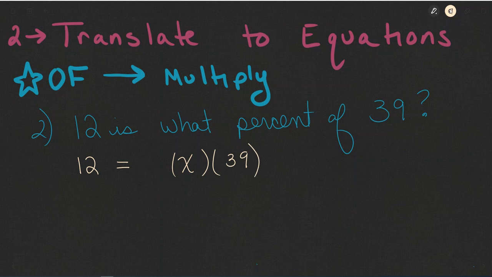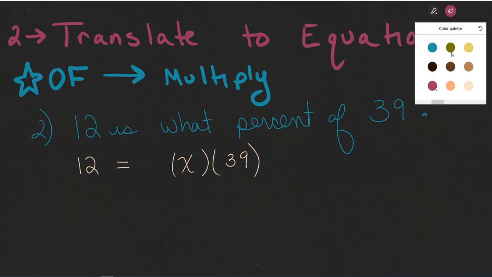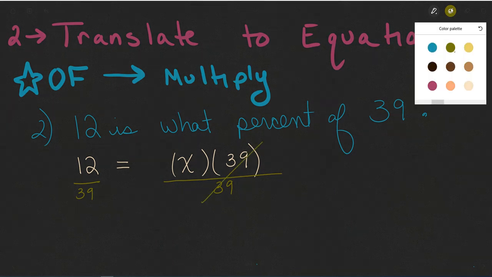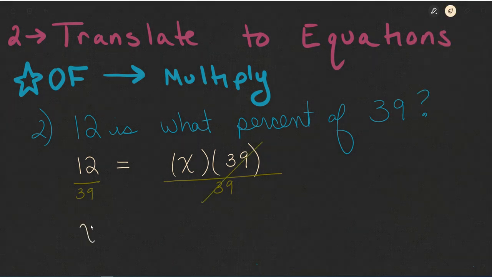Here I need to use a little bit more work, which is solving an equation. To solve this equation for x, I'd have to get rid of the times 39, and we undo times 39 by dividing by 39. So I could get that x equals 12 divided by 39.